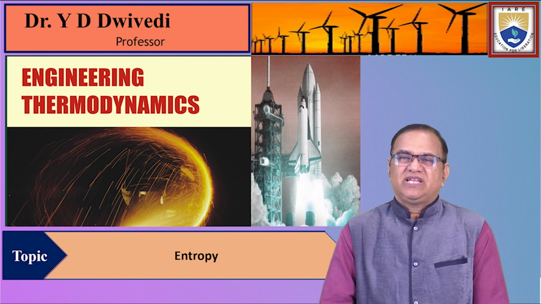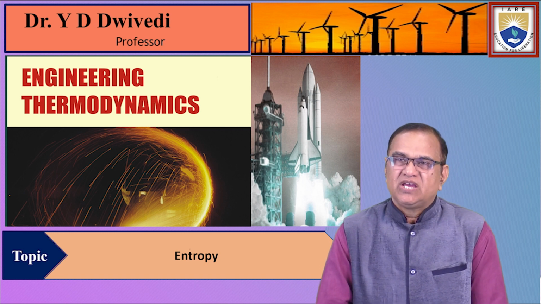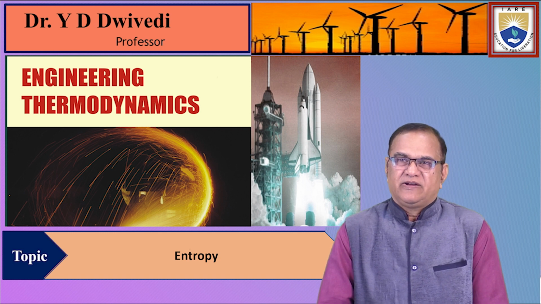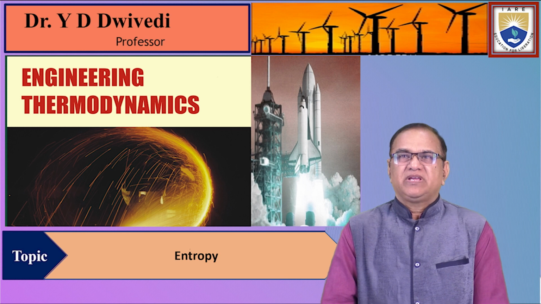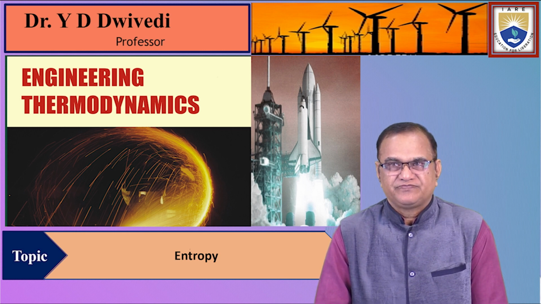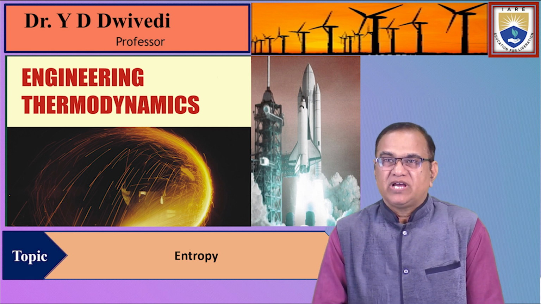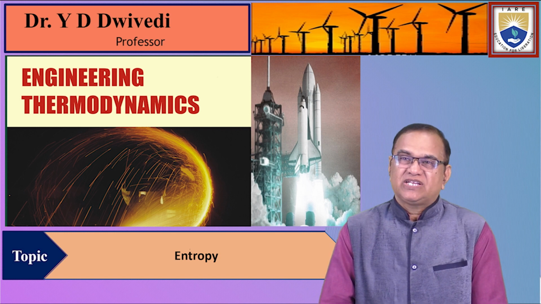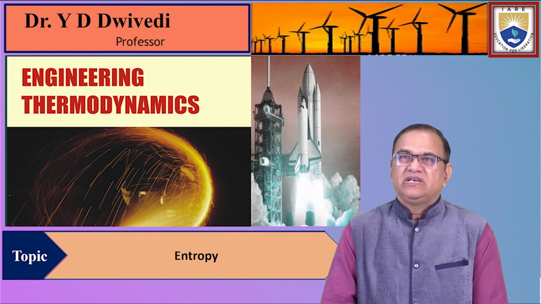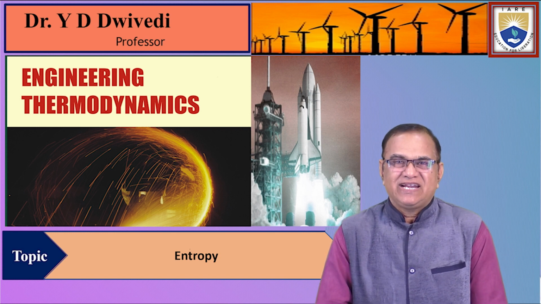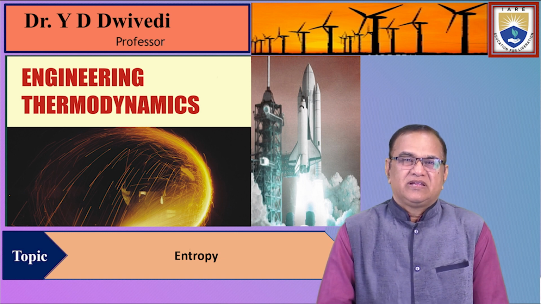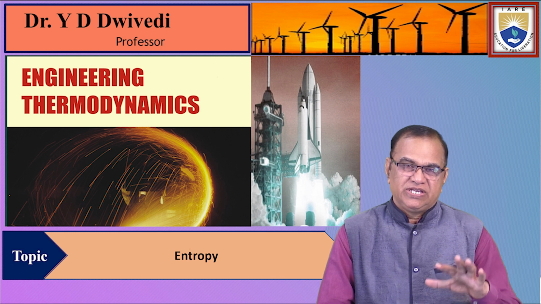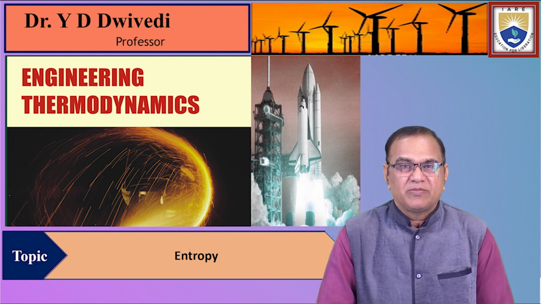Before that, we have seen the first law of thermodynamics, which states that heat can be converted to work and work can be converted to heat. It doesn't say anything about the direction of the flow of energy. However, the second law of thermodynamics states that work or heat cannot be 100% converted.